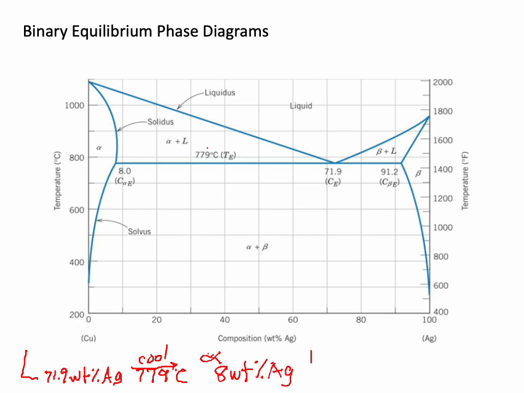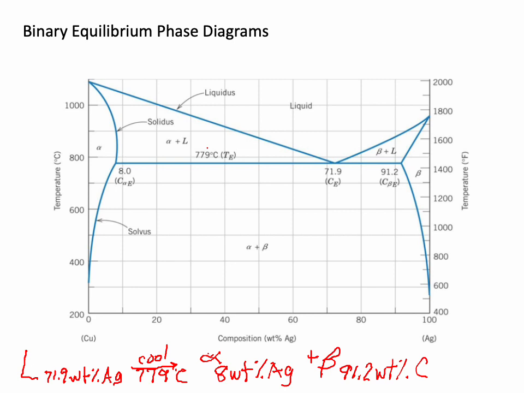And then it also transforms into another phase at the same time that we call beta, and the composition of the beta is 91.2 weight percent silver.